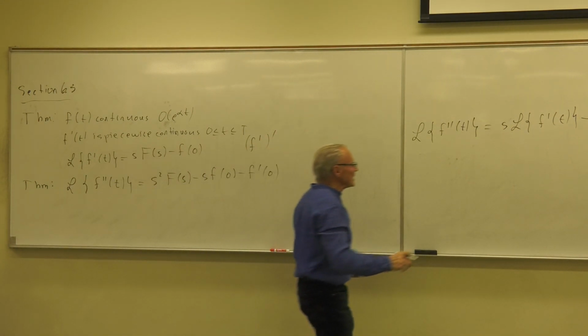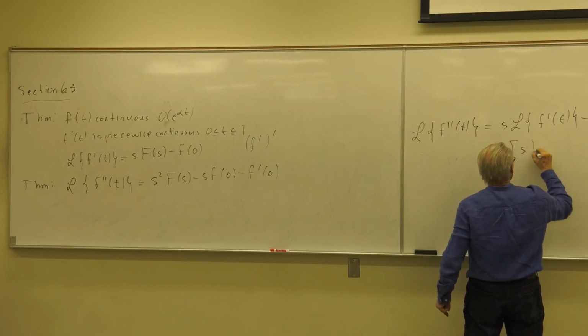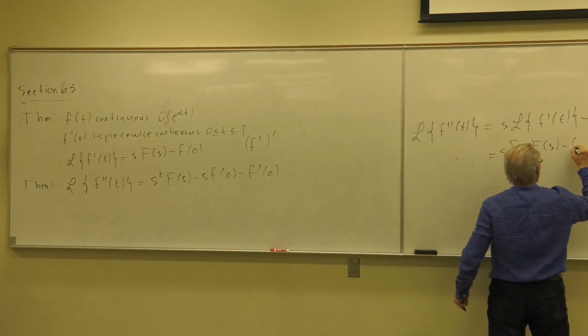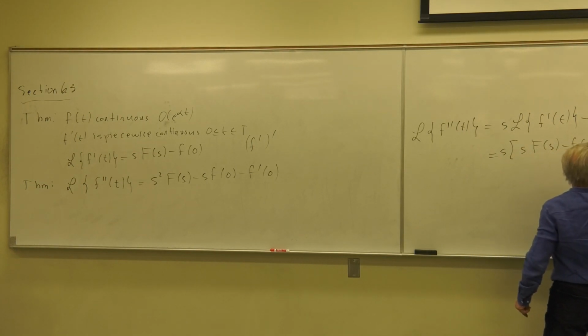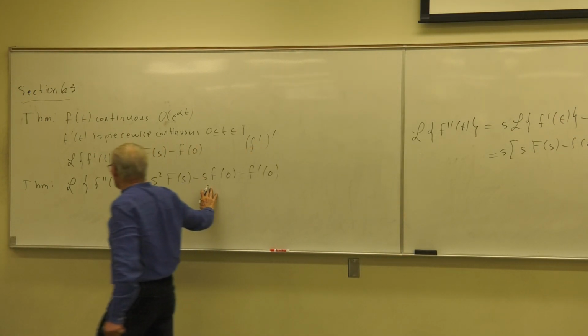But how much is the transform of f prime? We use the formula again: s F of s minus f of 0. Altogether you get s squared F of s minus s f of 0 minus f prime of 0, and that is indeed what you're looking at here.